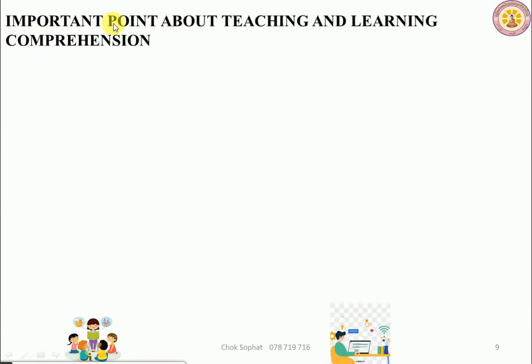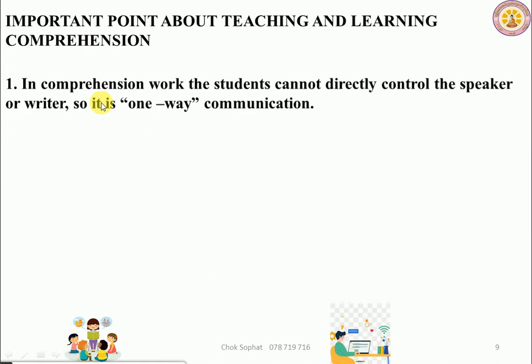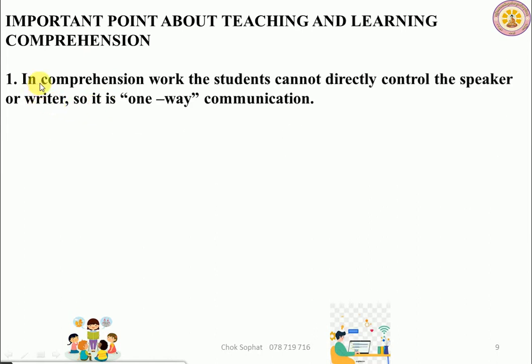Important points about teaching and learning comprehension. One: in comprehension work, the student cannot directly control the speaker or writer, so it is one-way communication. This is an important point about teaching listening comprehension. The student cannot control the speaker, the writer, or the text.